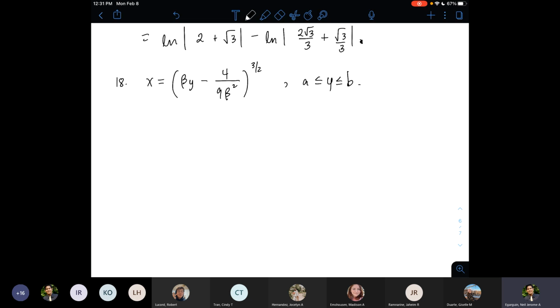But if you look closer, this is x, so this must be a function of y, because either y equals f of x or x equals g of y. So this scary guy is a function of y. All other letters should be treated as constants, so only y's are variable. Here, the beta is a constant.